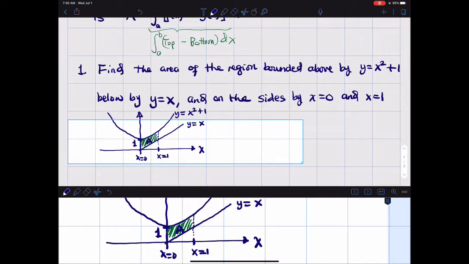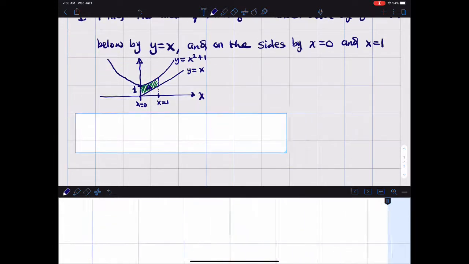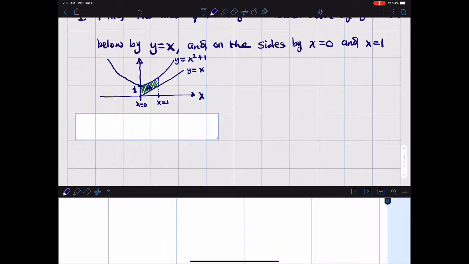Okay. So we already know how to go about this. We find the area by calculating the integral from x equals 0 to x equals 1 of the top function minus the bottom function dx.